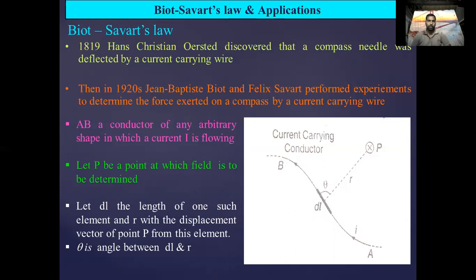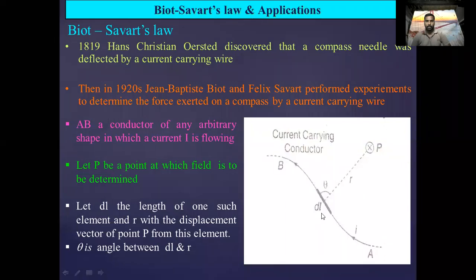Now, to explain the Biot-Savart law, we have to consider a long conductor AB. I show you the figure here. AB is a long conductor of any arbitrary shape, and the current flowing in this conductor is I. Let P be a point at which the field is to be determined.